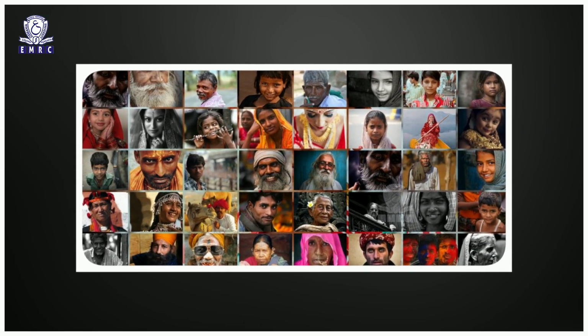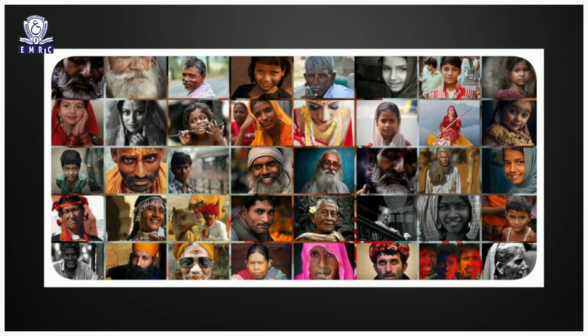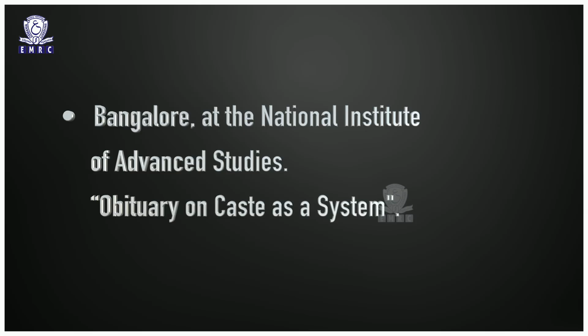According to him, castes which are even ritually lower in hierarchy can have a dominant position by the virtue of their numbers and land resources. For long, he believed that caste will remain an important dimension of the Indian society. But in his last public speech in 1999 in Bangalore at the National Institute of Advanced Studies, titled Obituary on Caste as a System, he acknowledged that caste will ultimately fade away.